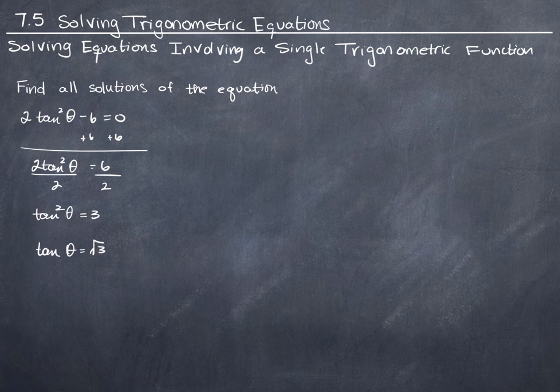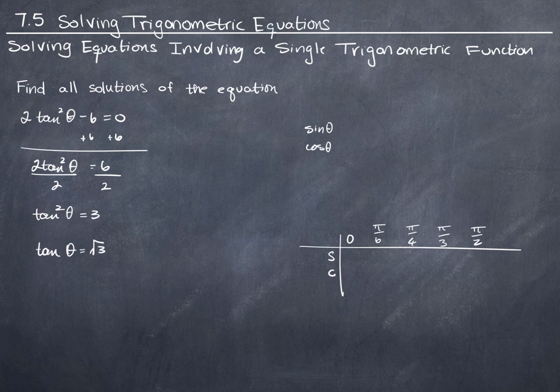Now, I could look that up in a table, or I can just remember that, let's see, I have sine of theta, cosine of theta. When I'm doing this for myself, I often just say sine and cosine, and then 0, pi over 6, pi over 4, pi over 3, pi over 2.